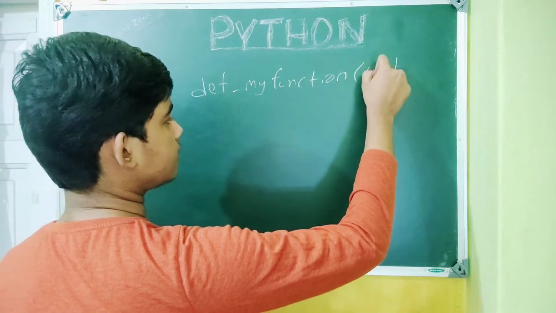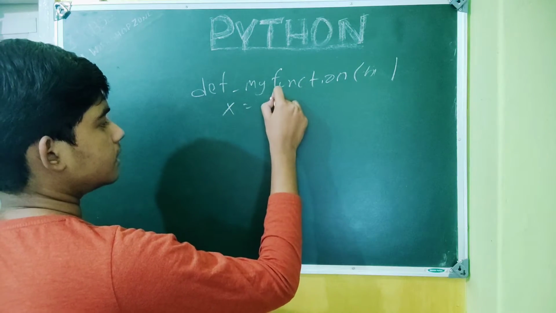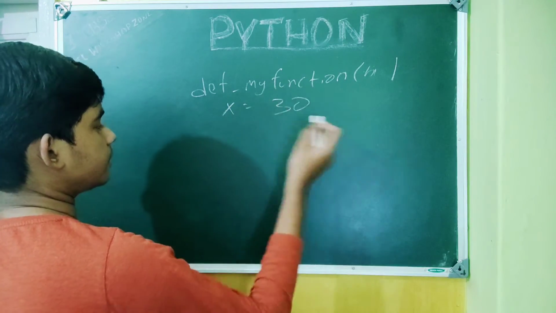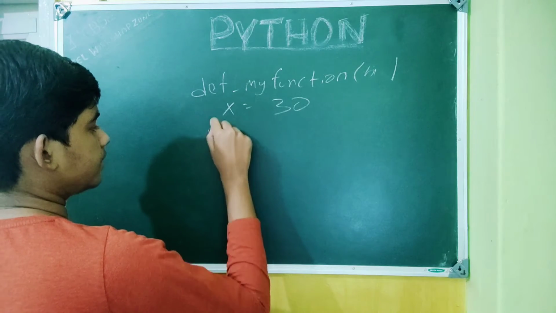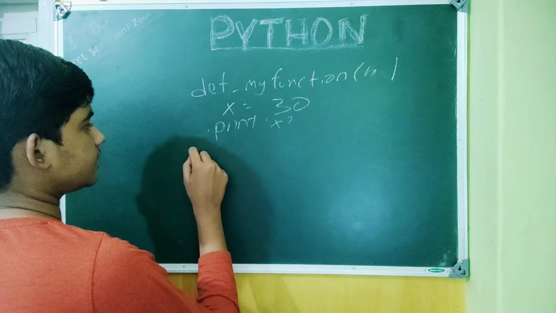Let's write a value x is equal to 30, for example, and let's say print x, and end the function.